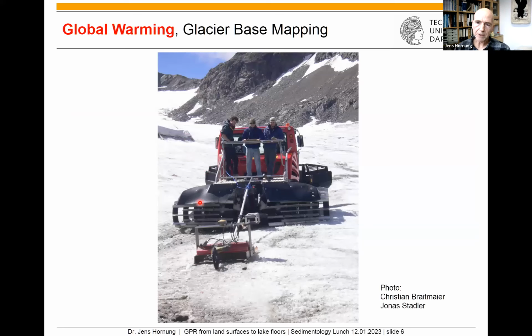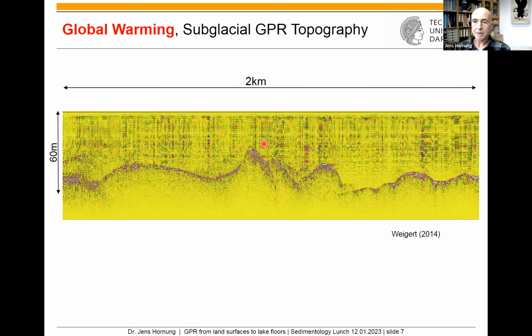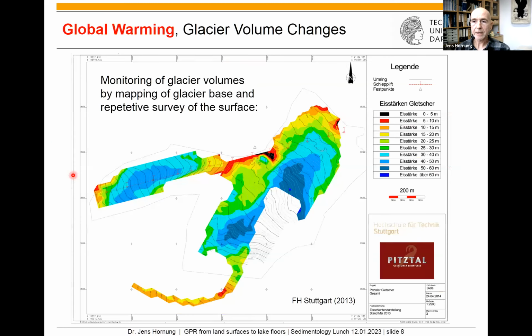And if you tie this GPR device to a snowmobile here, you can do even kilometers a day. And that is very nice to map the base of these glaciers. And in the end, you can create these maps of a glacier base. And with the surface, you can calculate the volume of glaciers.